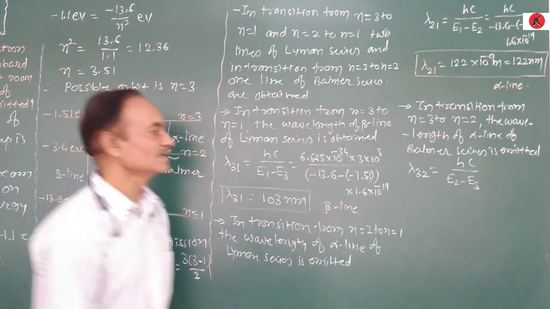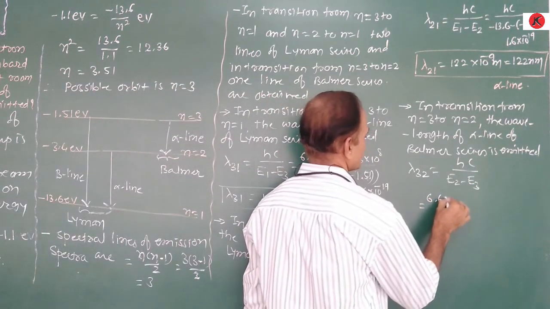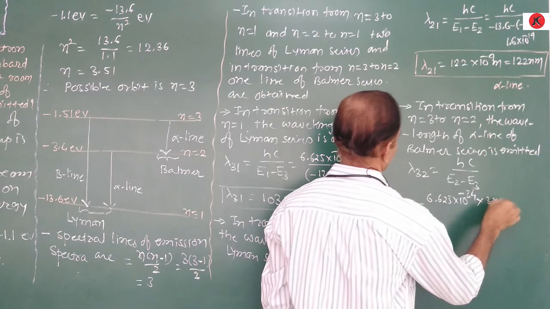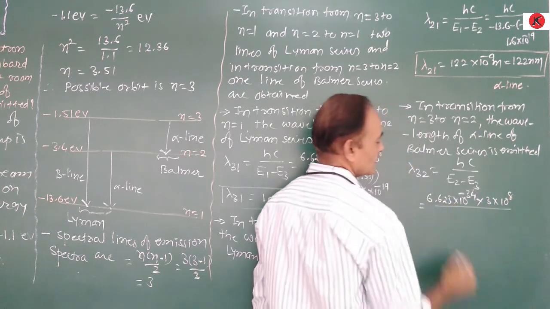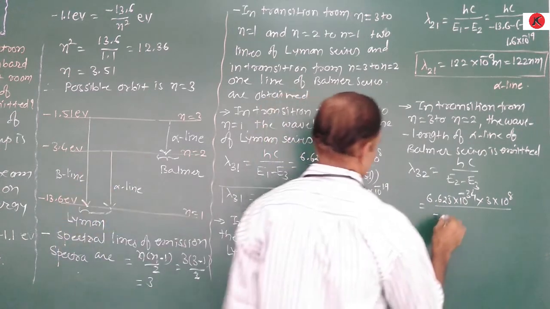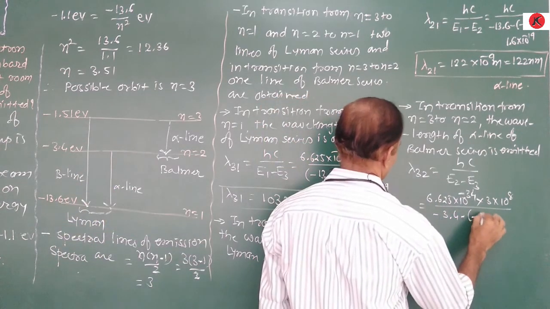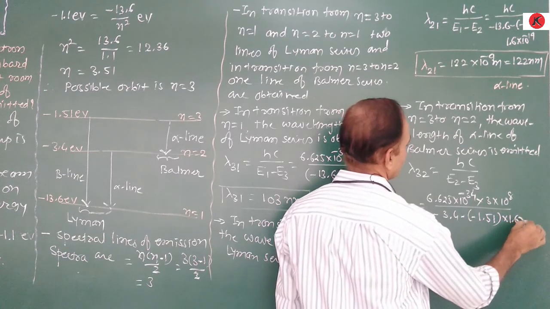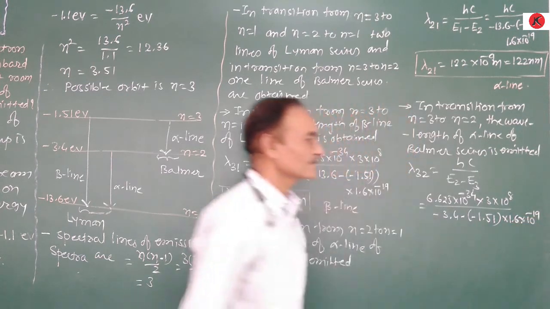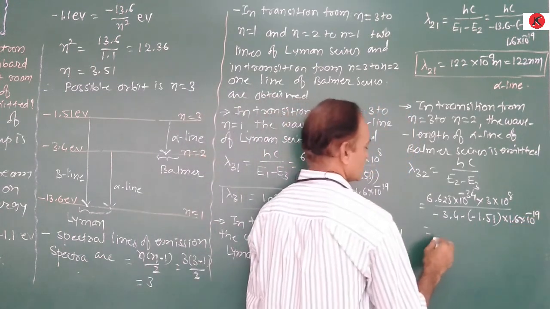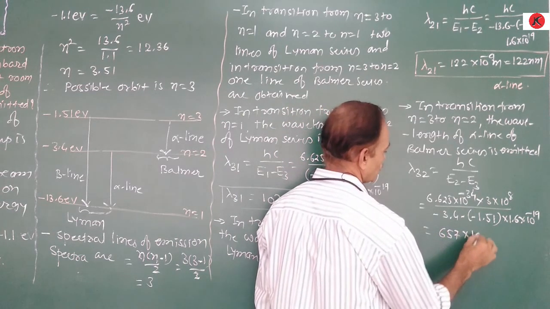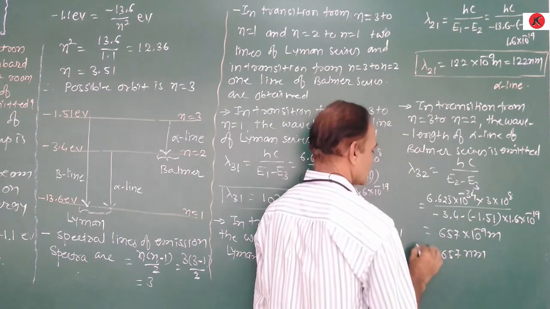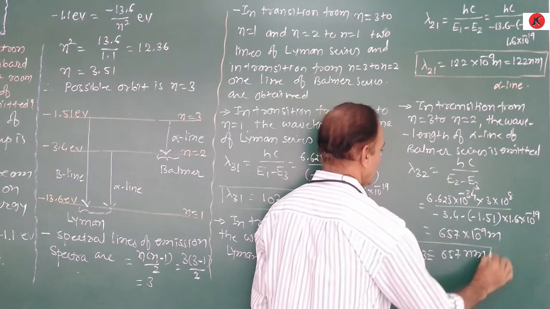Substitute the value of h, 6.625 into 10 raised to minus 34, c, 3 into 10 raised to 8, upon E2 minus E3, that is minus 3.4 minus minus 1.51 in electron volt, converted into joule with 1.6 into 10 raised to minus 19. As we simplify, we obtain 657 into 10 raised to minus 9 meter, that means 657 nanometer. That is the wavelength of the alpha line of the Balmer series.